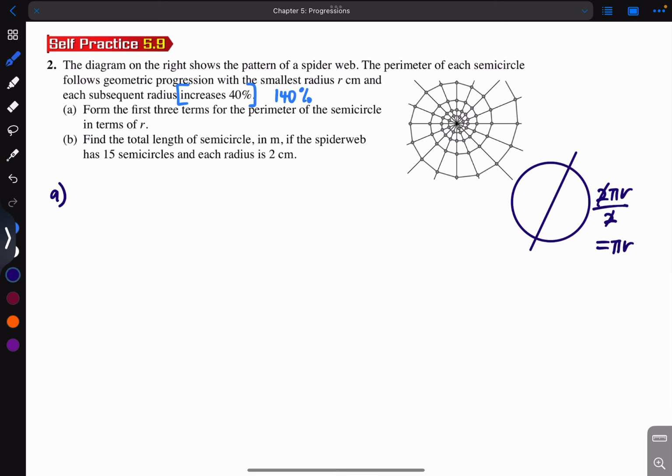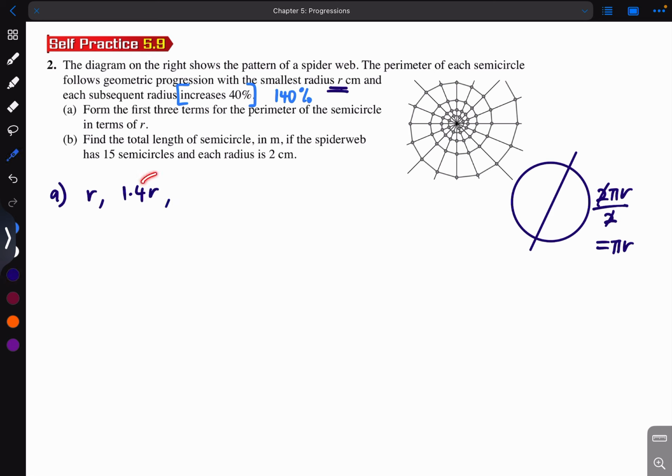First, let's try to look at the progression of radius. The first radius, they already say, is r cm. The next radius is 140% of the initial radius. So 140% of r, 140 over 100, we can simplify it. We can say this is 1.4 r.